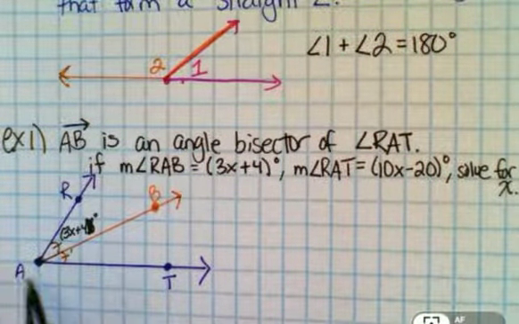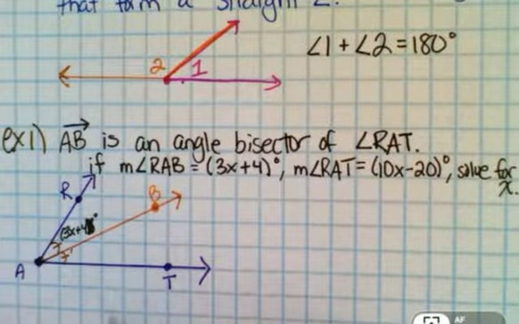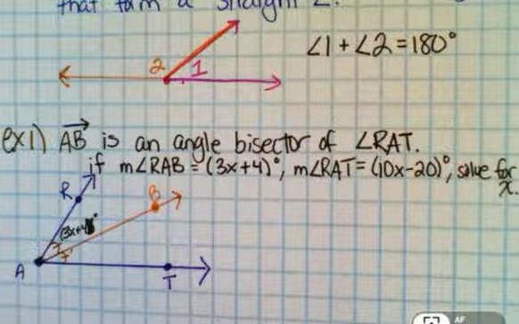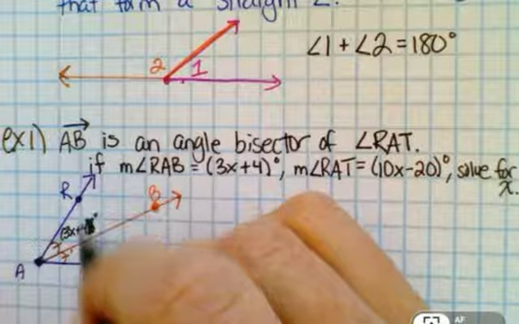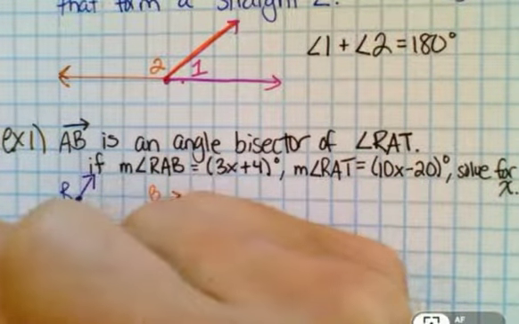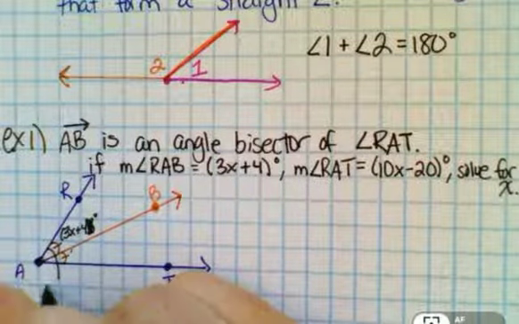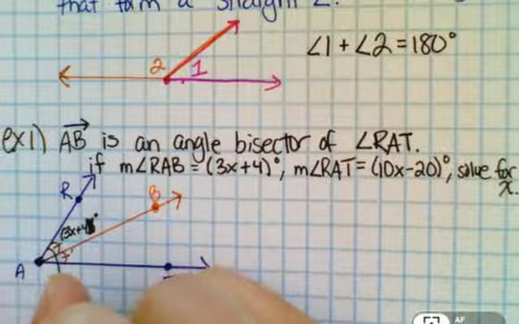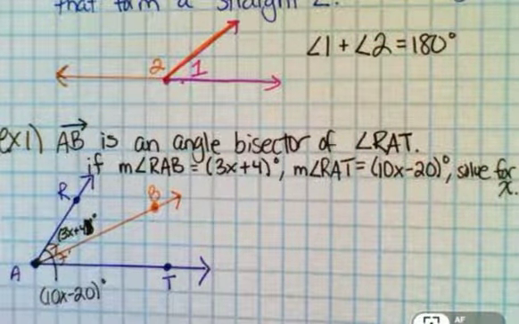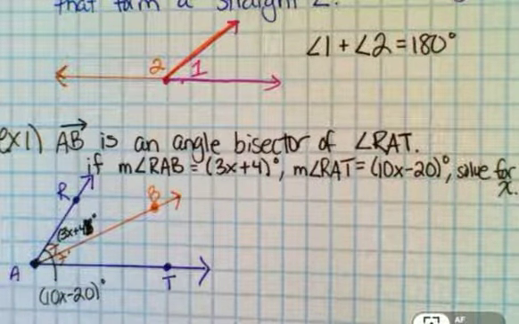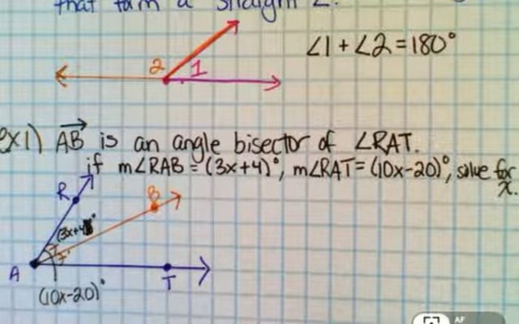And then the overall angle is 10x minus 20. So it's kind of hard to draw that. I think what I'll do is show both of them together is 10x minus 20 degrees. Solve for x.